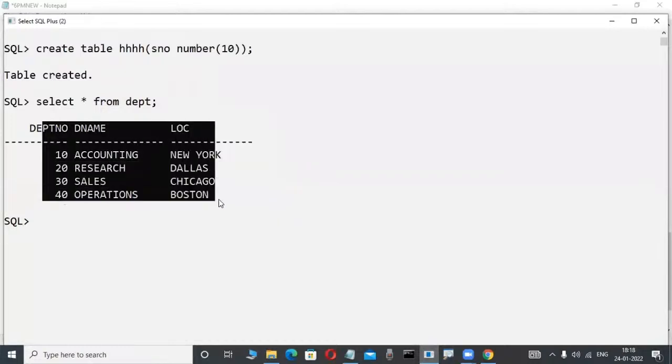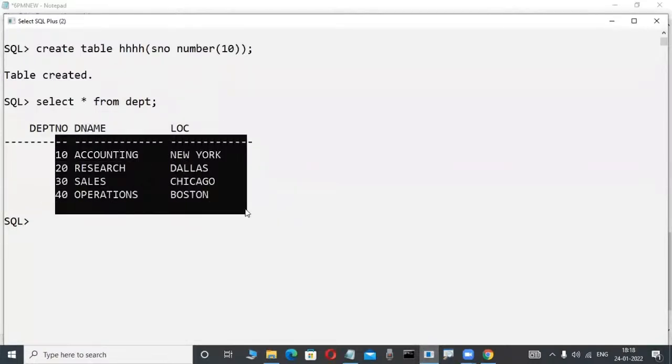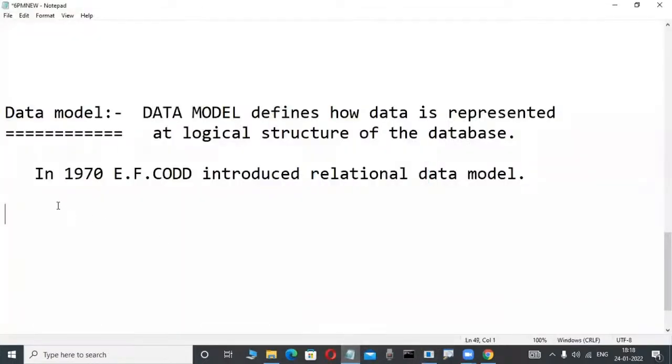This is a logical structure. This structure is not visible in the operating system. In this logical structure, data is represented in the format of rows and columns, which is nothing but two-dimensional tables.